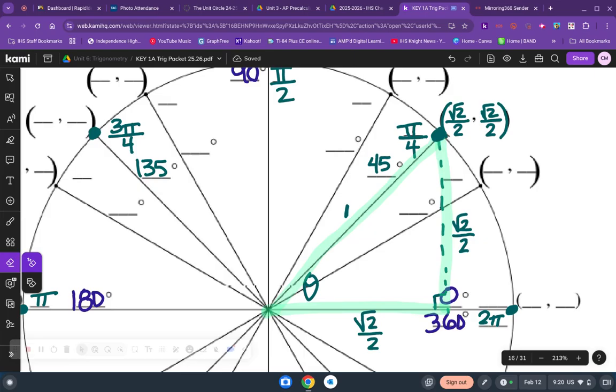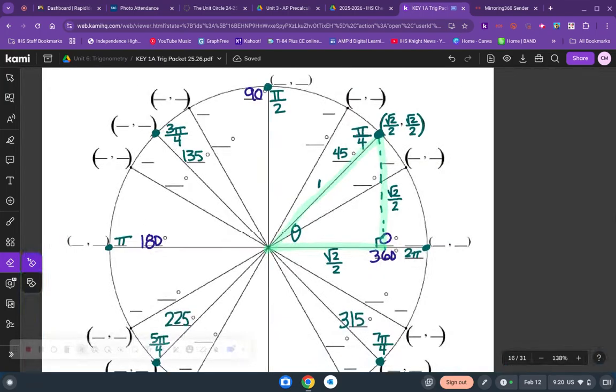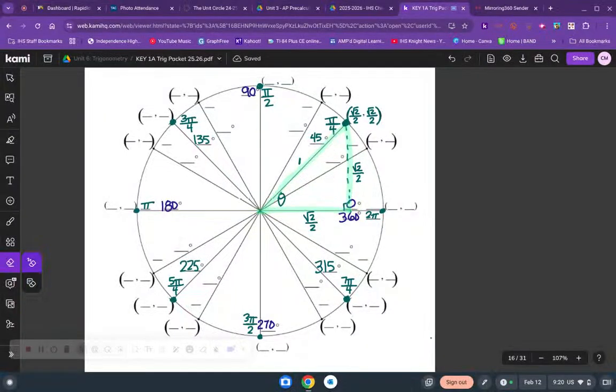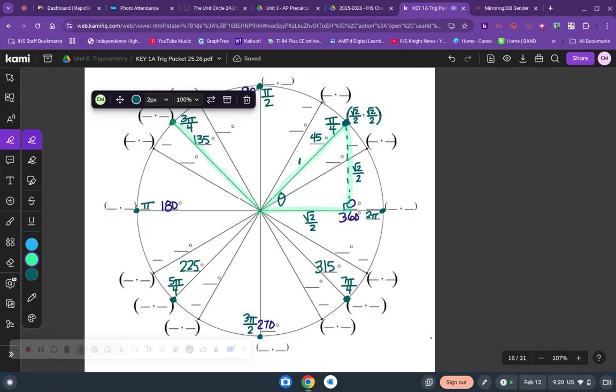And then we just take that and reflect it across the x and y axis to get all of the other angles that are in this family. Okay, so in the 45s family, or in the pi over 4 family, it forms like a little butterfly shape, basically.